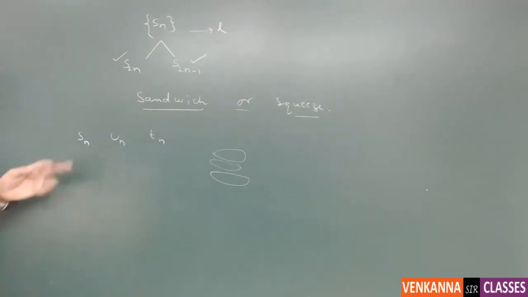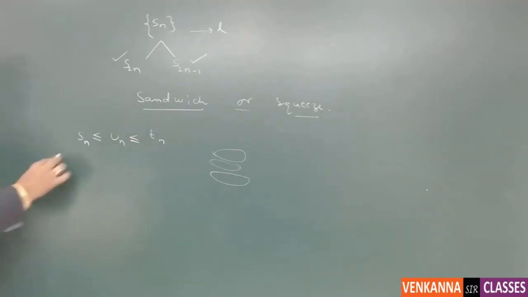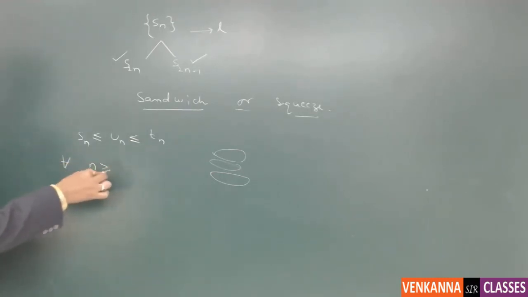I think you came across this result, the sandwich theorem, earlier at the level of calculus. I hope so. As and when you take three sequences, you have the property that Sn less than or equal to Un less than or equal to Tn for some n greater than or equal to k.